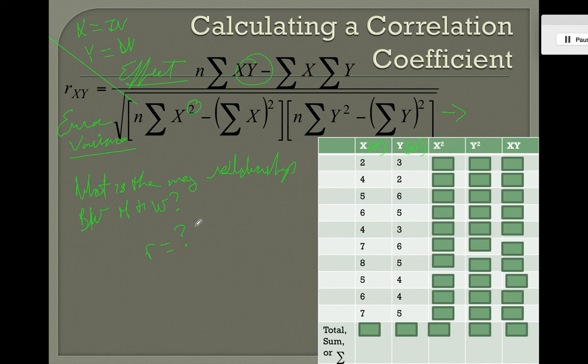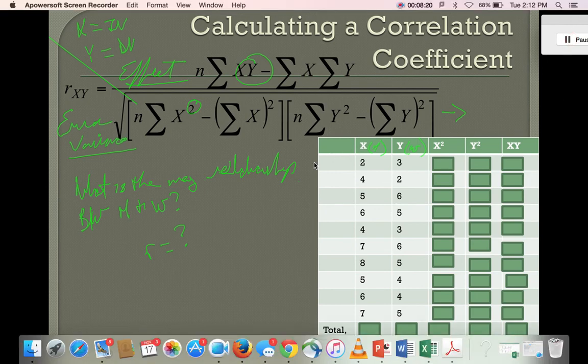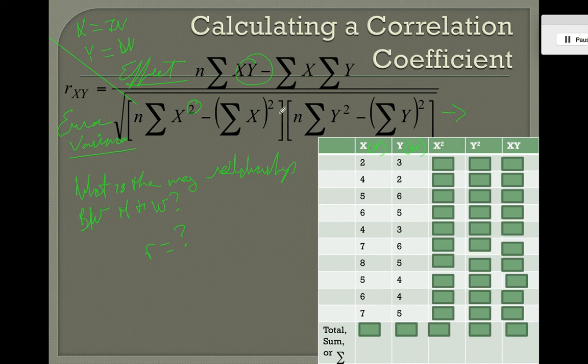All right, so the first thing that we really want to do here, since we already know our x and our y values, is take our squared values, since that's what we're going to need in this particular situation. You'll notice here in the denominator, we need to know what the square is for all my x values, and then I also need the square for the y values.